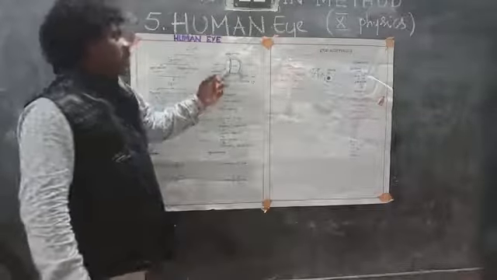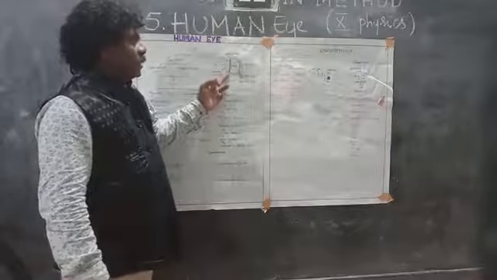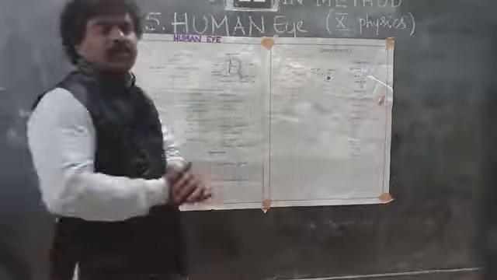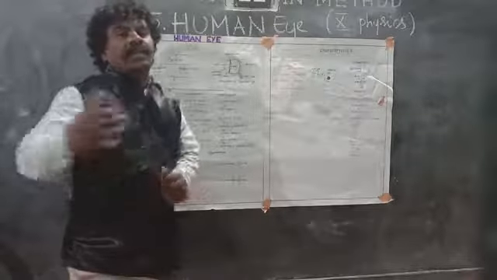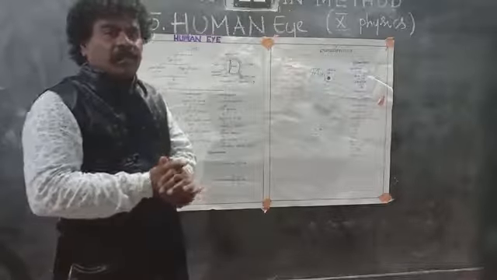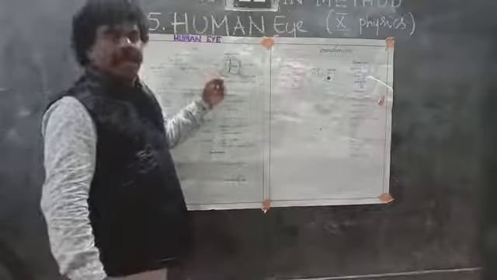Next, cornea. This is located here before the lens adjuster. It is a transparent protective membrane, so it's like a transparent part. To see very clearly, this is useful to the eye muscles.